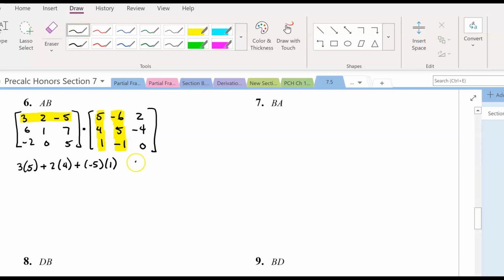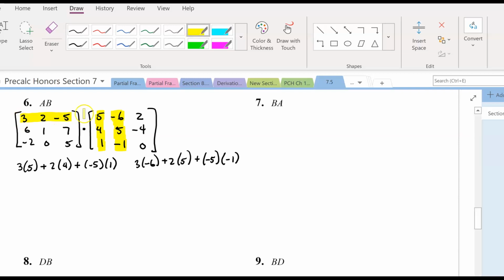So now I've got 3 times negative 6 plus 2 times 5 plus negative 5 times negative 1. That's just going to be the second one. All right, so we've got to continue with this.